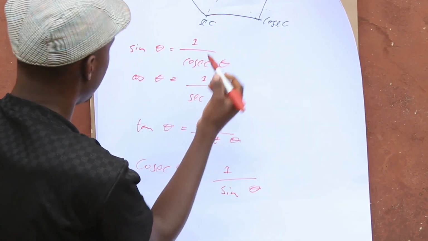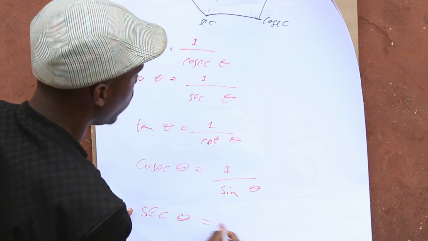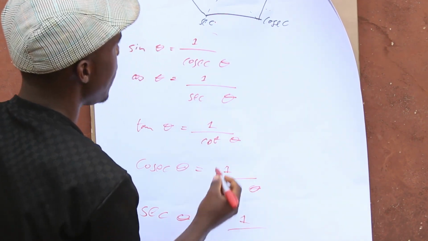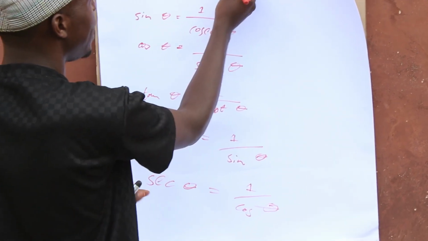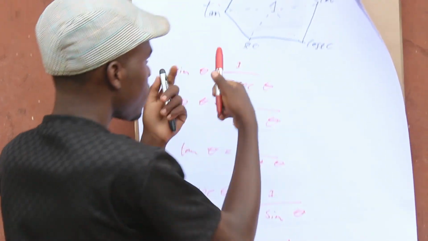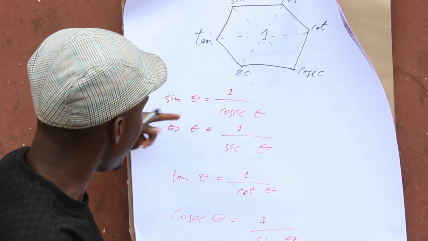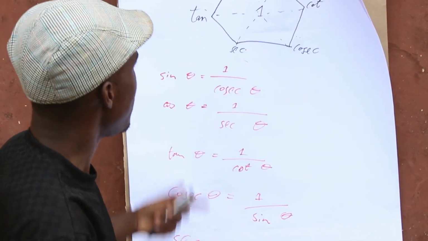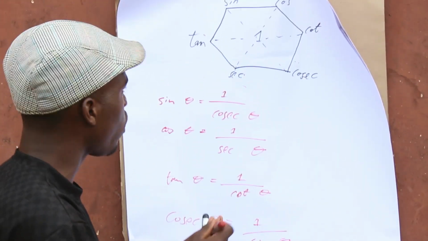For sec theta, it is equal to 1 divided by cos theta. Remember, the 1 is in the middle, and this super hexagon has helped us derive how many identities? 1, 2, 3, 4, 5 more identities, but you can derive 6 if you follow this pattern.